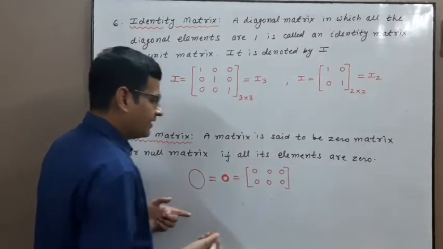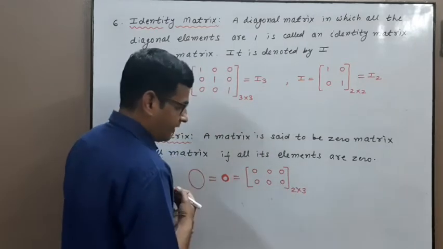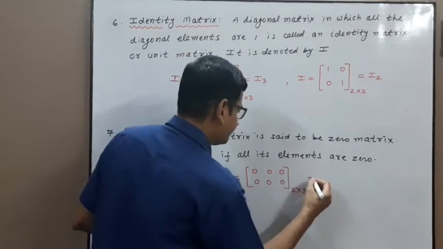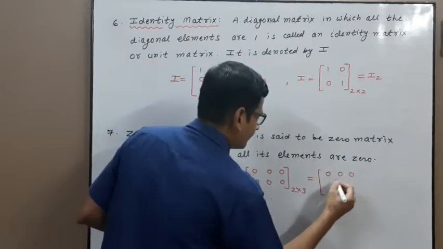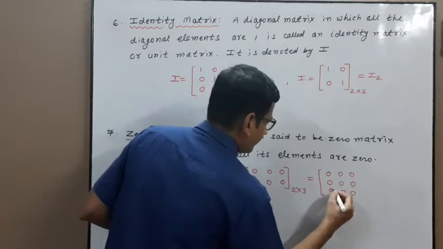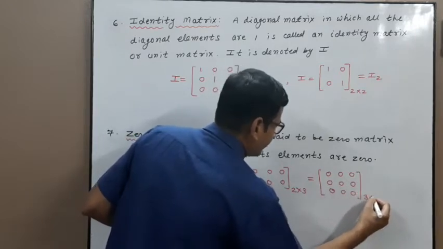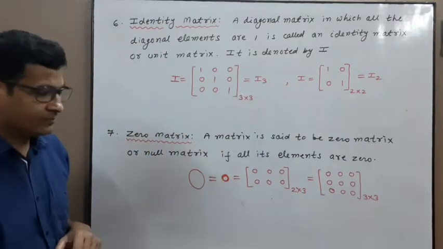So many examples are there. This is a 2 by 3 zero matrix. This is a 3 by 3 zero matrix. So each and every element is 0.